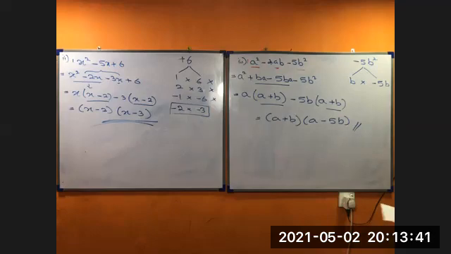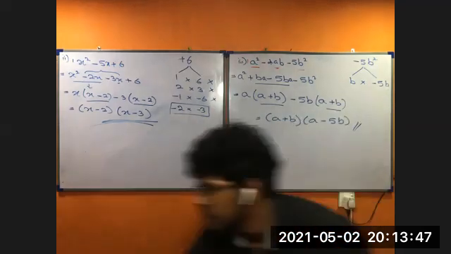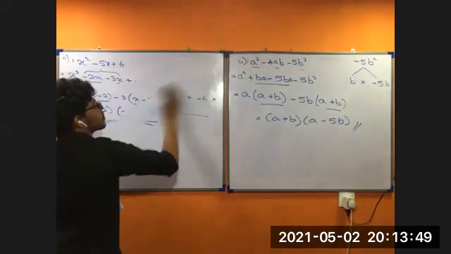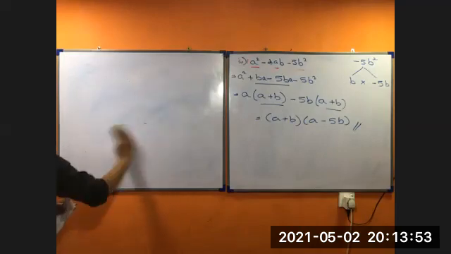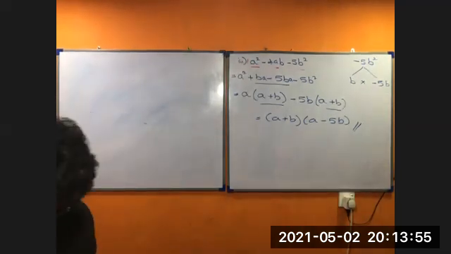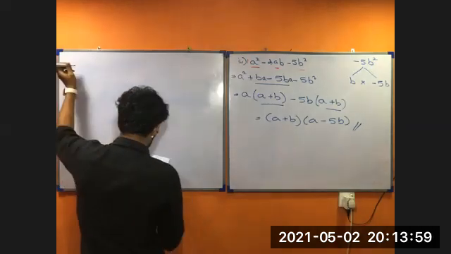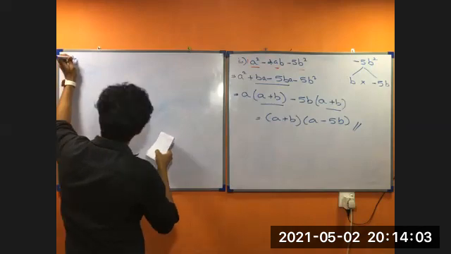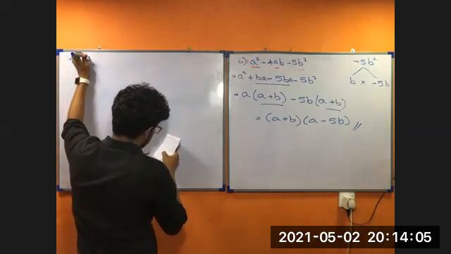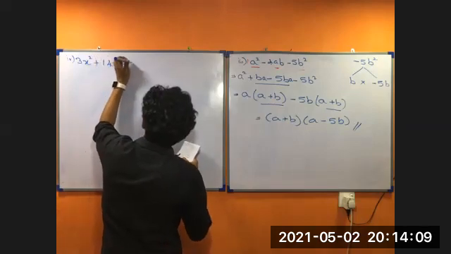Okay, one more example. Let's do number 4, 3x squared plus 14x plus 15.